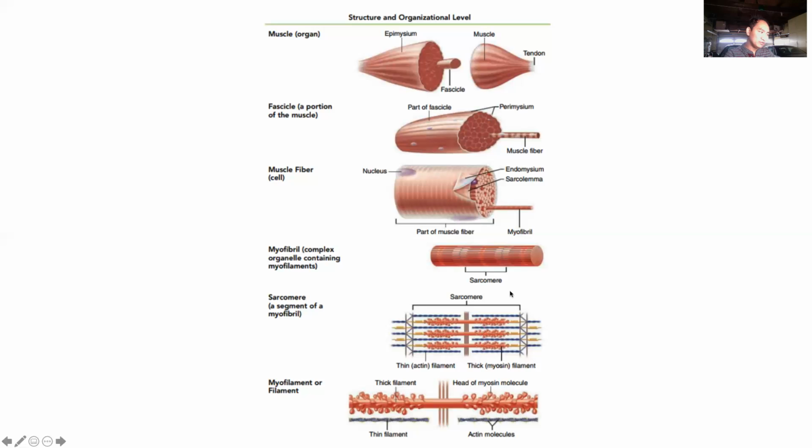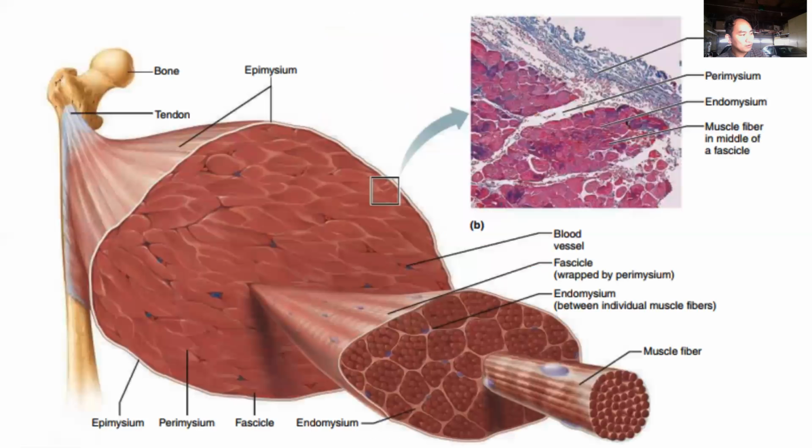So the next step to know, not to forget, is what is a sarcomere? A sarcomere is the basic functional unit of muscle. I'm not going to talk about this slide. I believe everyone knows by this time.